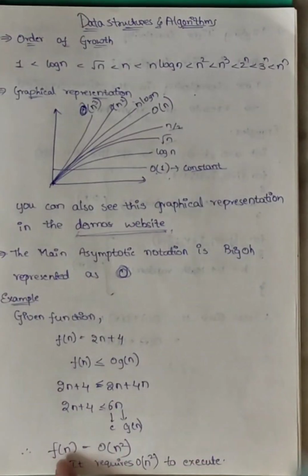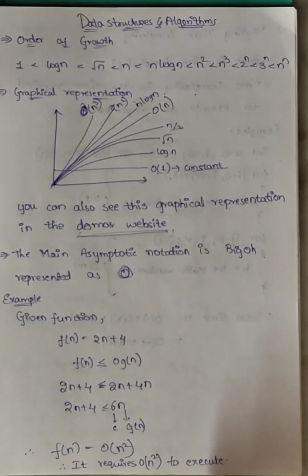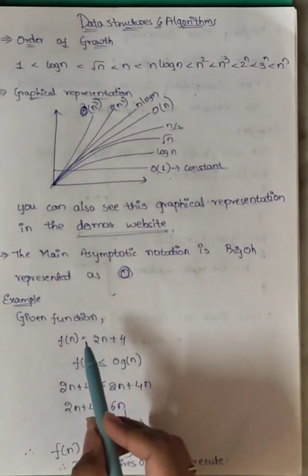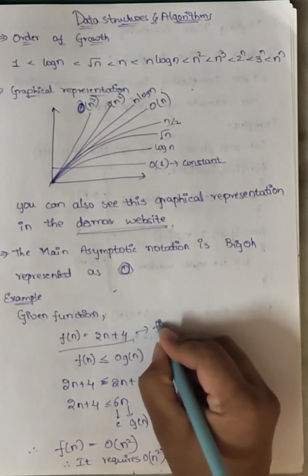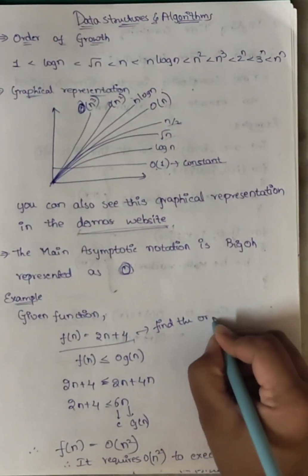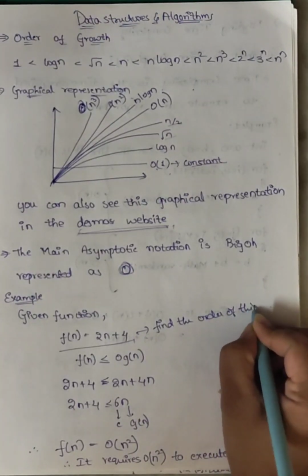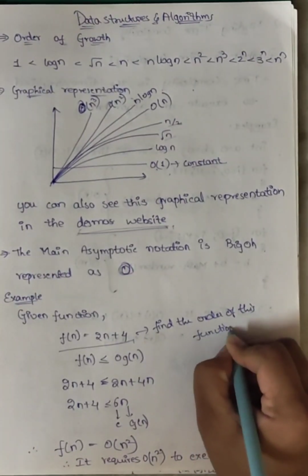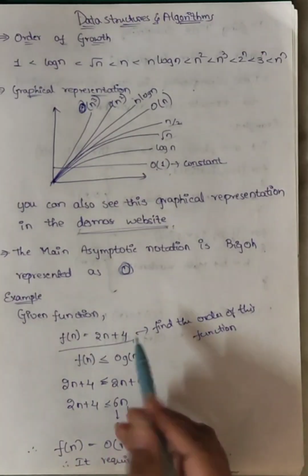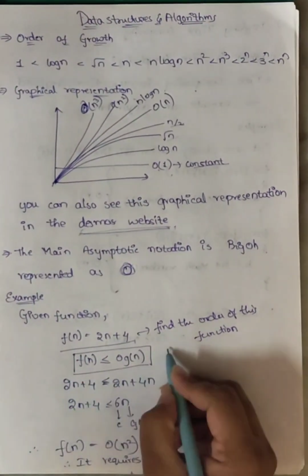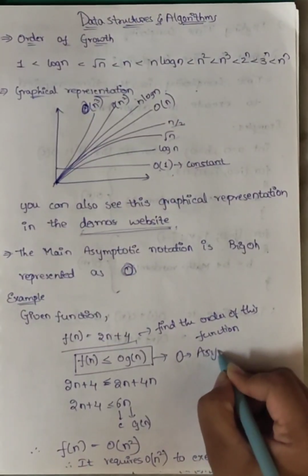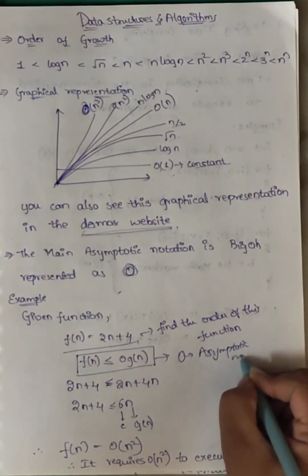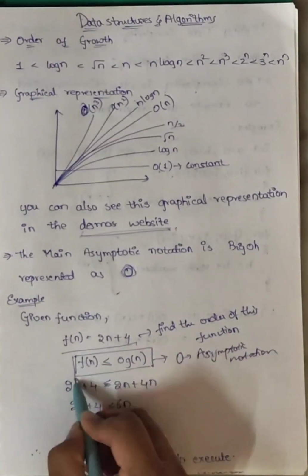The main question from this topic is that they give us a function, and we need to find the order of that particular function. This is the general representation of big O, which is asymptotic notation. This is the main equation.